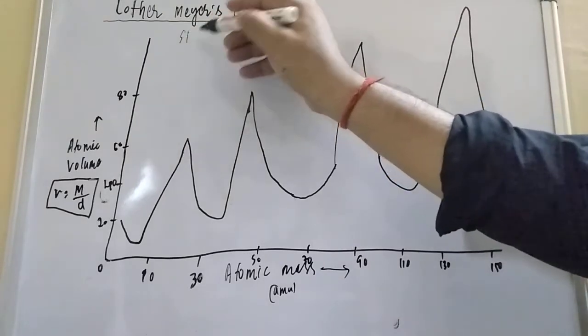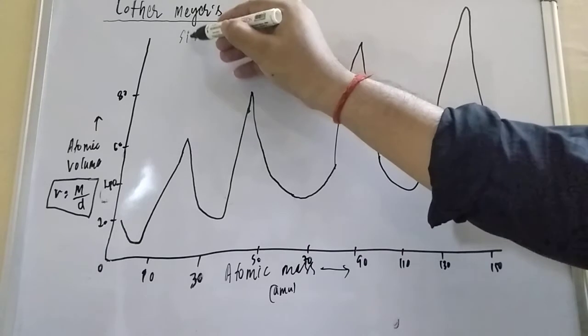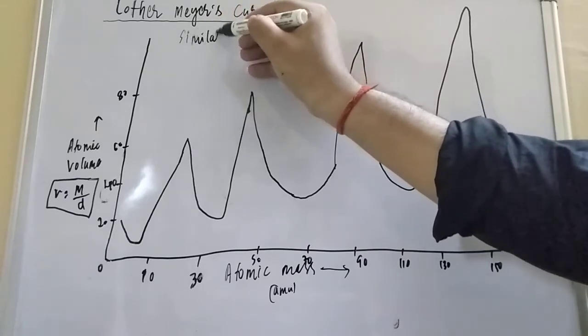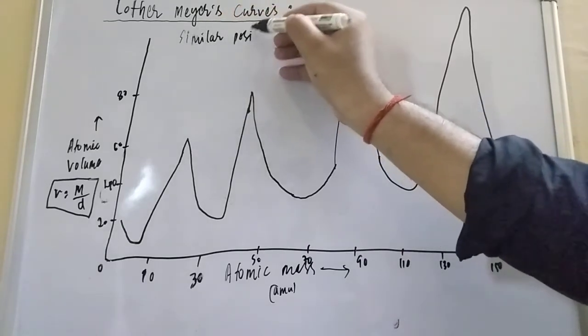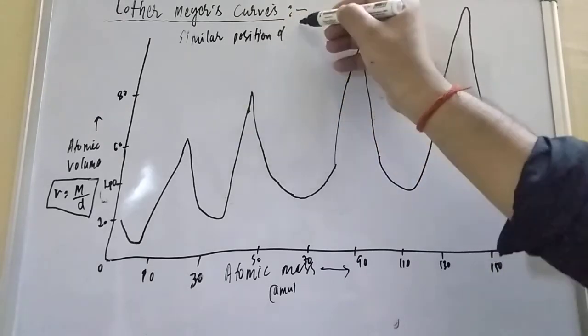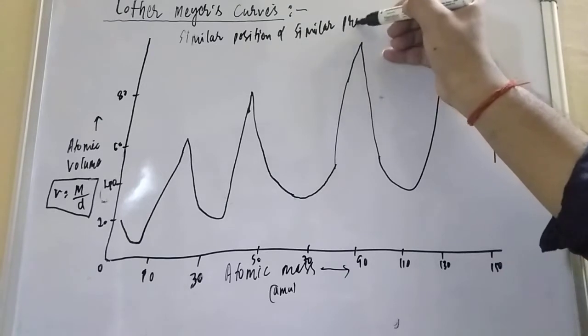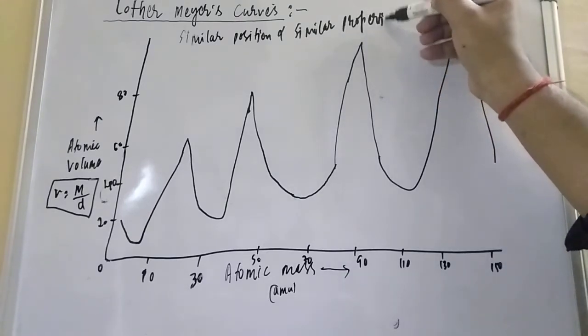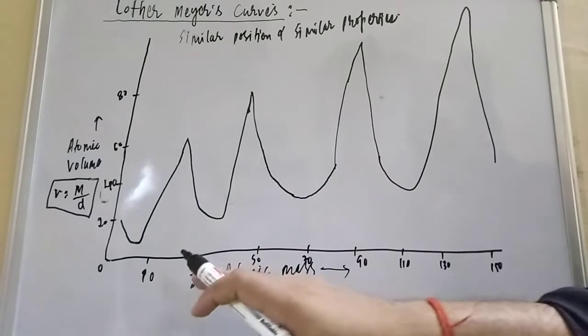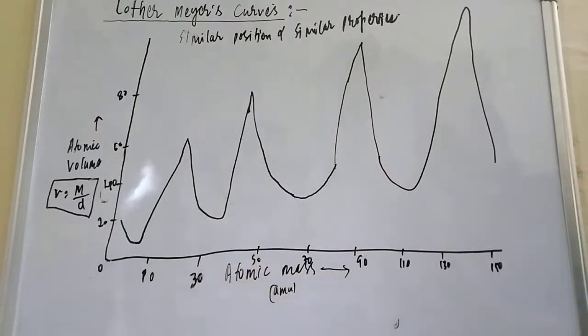Lothar Meyer said that similar position gives similar properties. When you talk about similar position, they are arranged in increasing order of atomic masses.